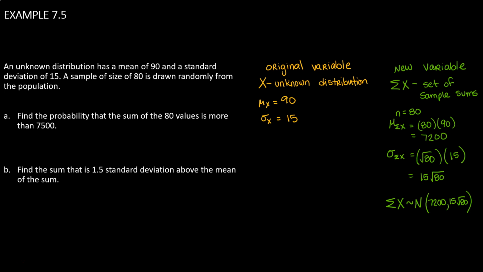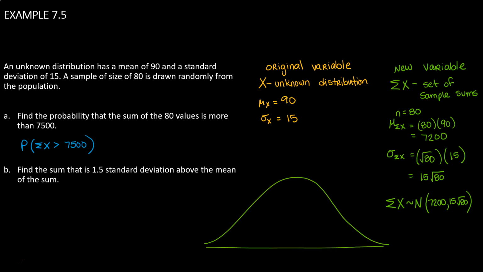Now we're ready to answer questions like, find the probability that the sum of the 80 values is more than 7,500. First, let's translate that sentence into mathematical notation. The probability that one of these sums for our sample size of 80 is larger than 7,500. And I like to use visuals, so I'll draw the normal distribution for this capital sigma, capital X, labeling my center at 7,200, and then labeling 3 standard deviations above, as well as 3 standard deviations below the center.